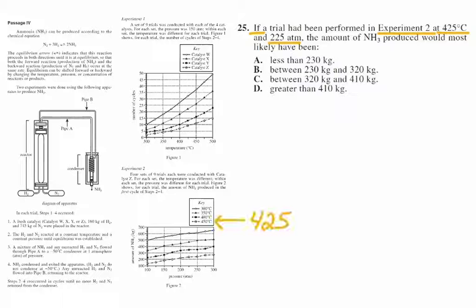So 425 is between the star and the square, so between these two, and we're at 225 ATM. So at that point, we are between maybe 230 and 320. So choice B.